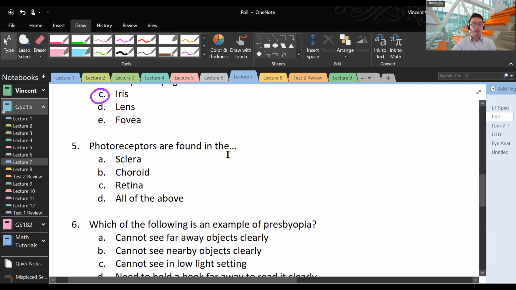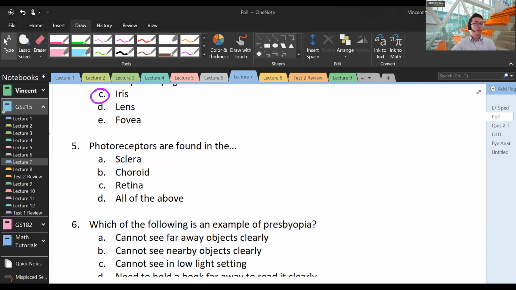Okay, number 5 should also be fairly straightforward. Please try that.